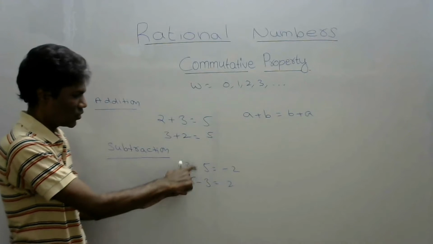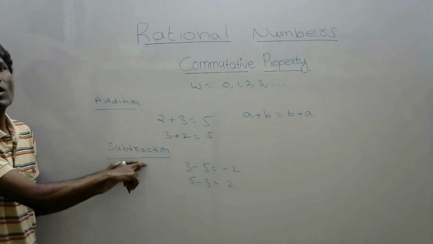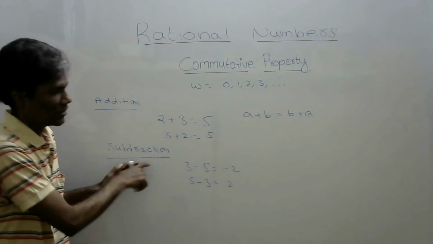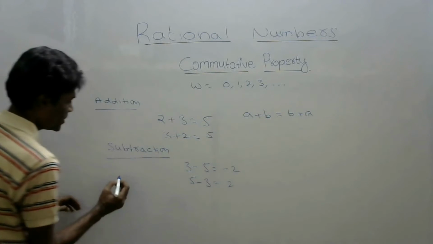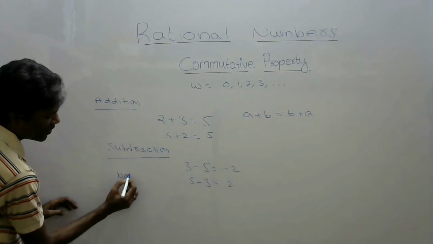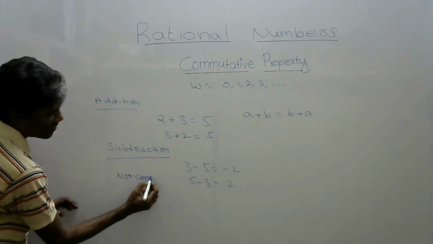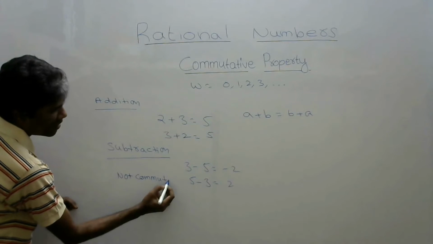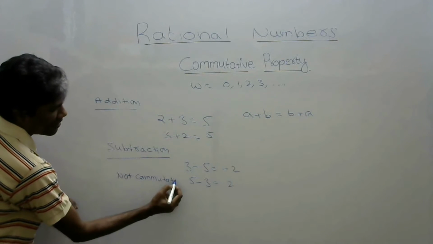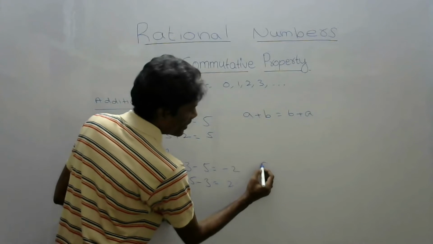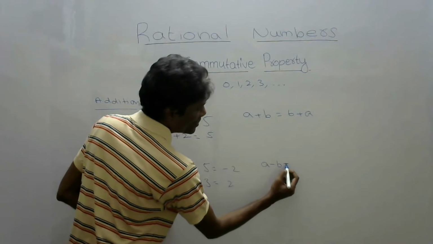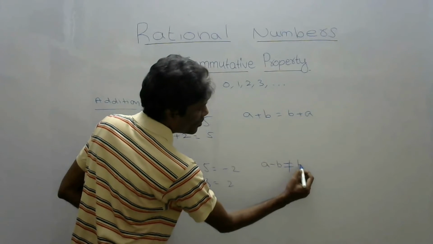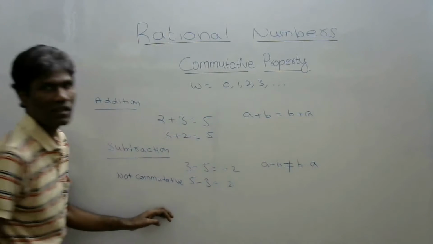No. So, subtraction is not commutative, because here a minus b is not equal to b minus a.